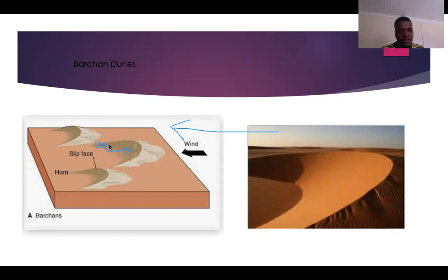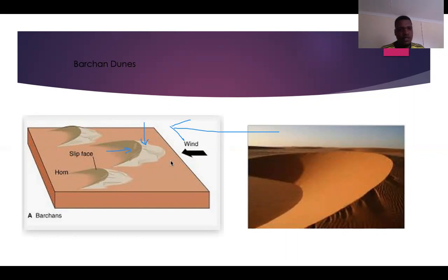Handwriting here is difficult. It's called the leeward side, and this one here is called the windward side. We call it the windward side because that's where the wind is coming from. The leeward side is a steep slope, and this one is a gentle slope.